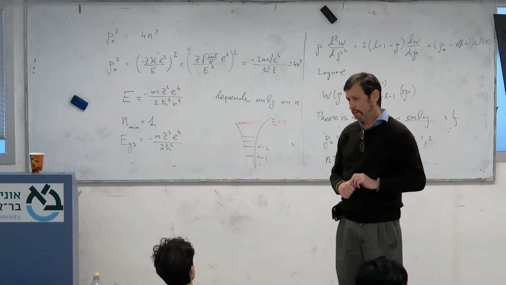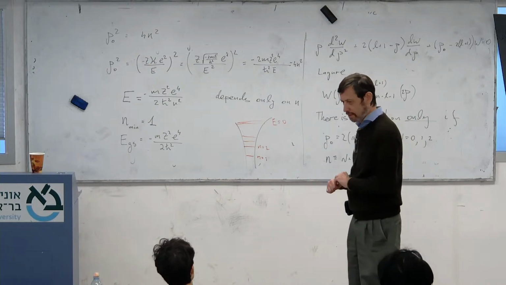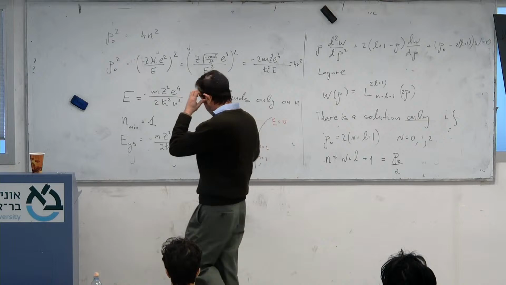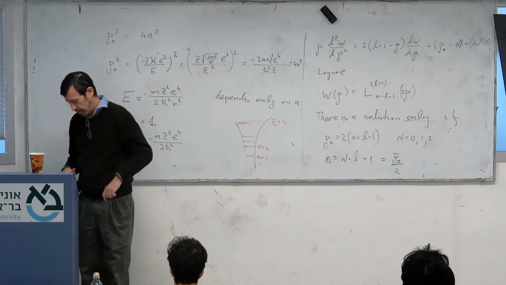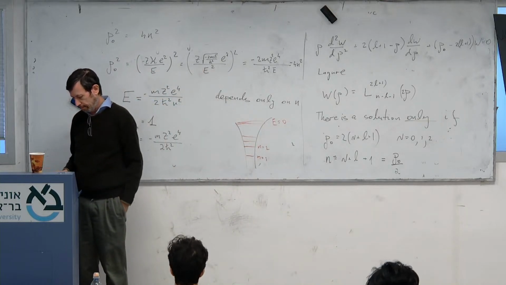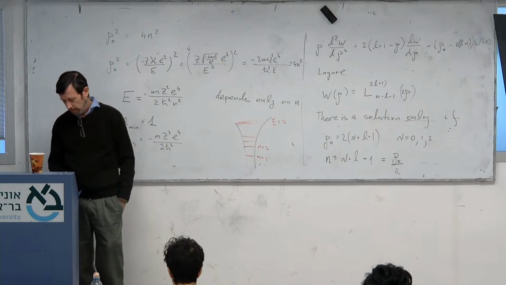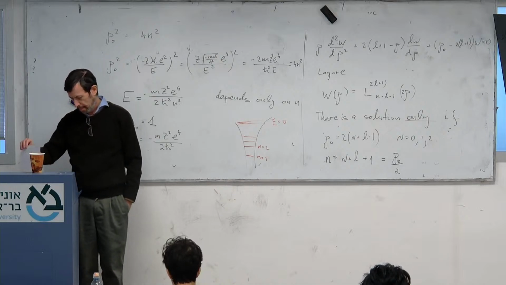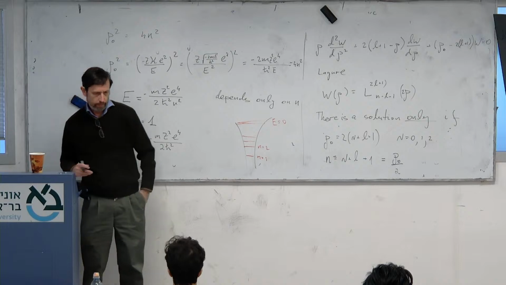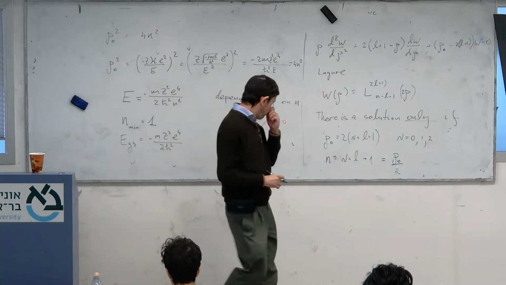Approaching E equals 0, we are approaching the continuum. The distance between energies becomes smaller. Okay.